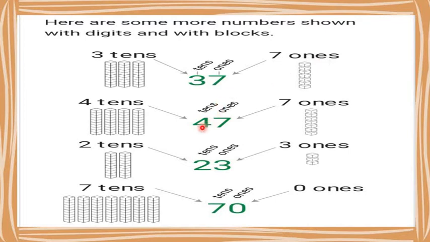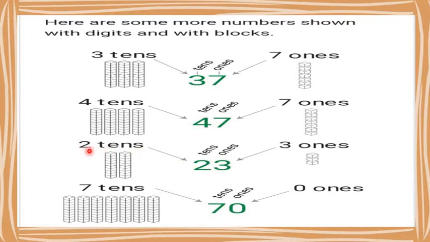Next we have the number 47. 47 means 4 tens and 7 ones. Or in the other way we can say that 4 tens and 7 ones means 47. Then we have the number 23. So 2 stands in the place of tens.